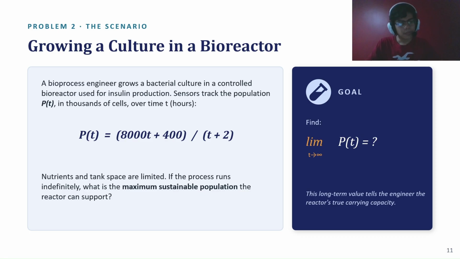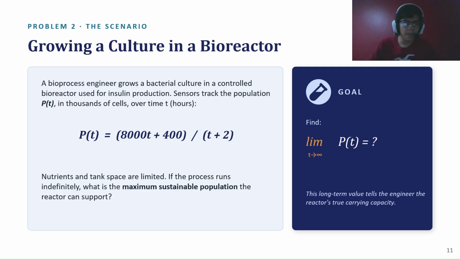A bioprocess engineer grows a bacterial culture in a controlled bioreactor used for insulin production. Sensors track the population P of t in thousands of cells over time t in hours.